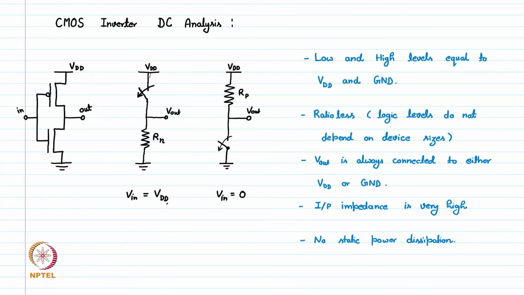Here we see the equivalent circuit of an inverter, where we have the PMOS off in one case and the NMOS off in another case. If we look closely, the output high and output low are nothing but the supply level or the ground. In the first case, let's call it case 1, we have the output node connected to ground through Rn.